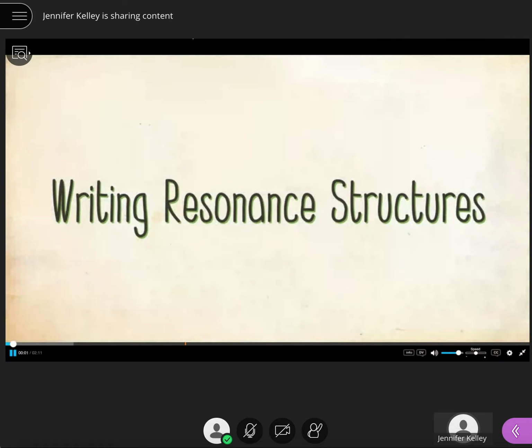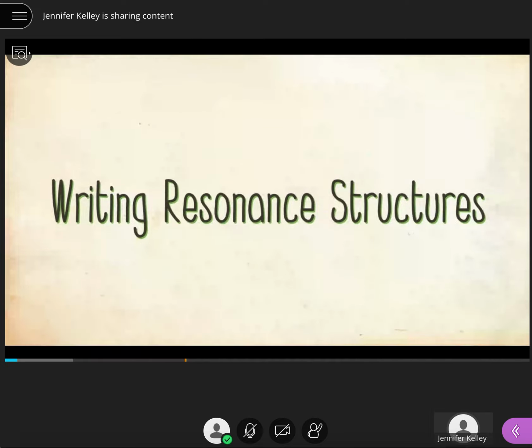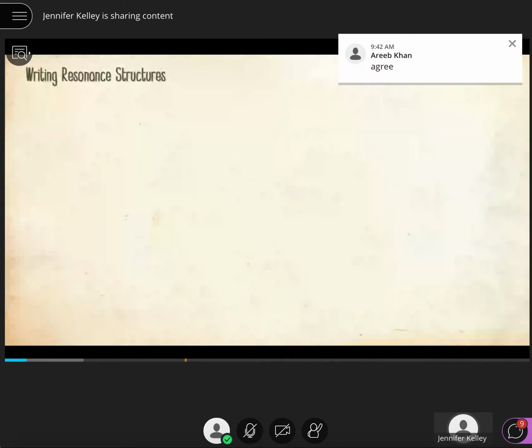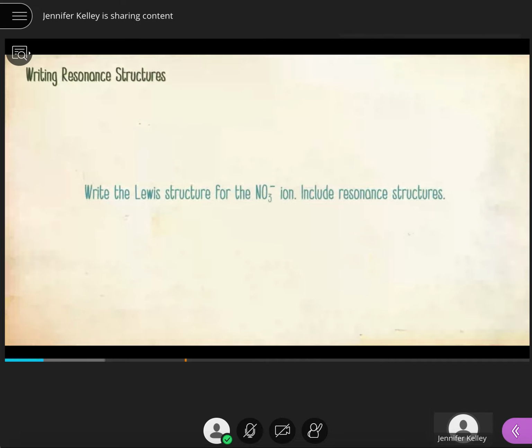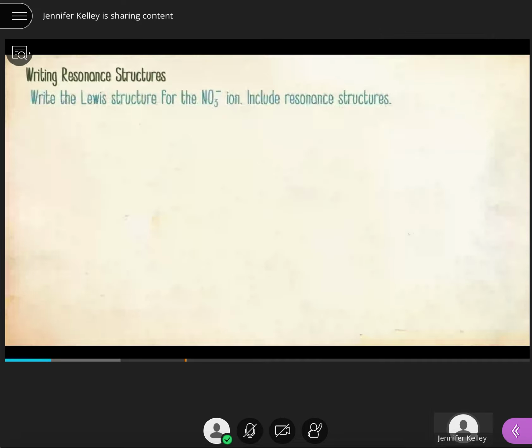Okay. In this example, you learn how to write resonance structures. The problem reads, Write the Lewis structure for the nitrate ion. Include resonance structures. Begin by writing the skeletal structure. Since nitrogen is the least electronegative atom, put N in the central position. The skeletal structure then looks like this.